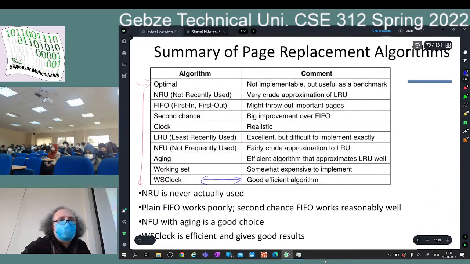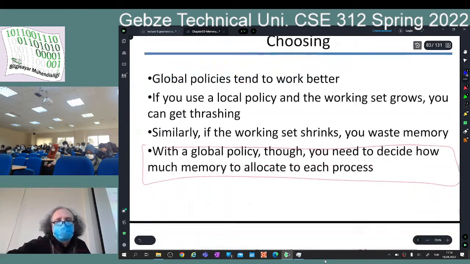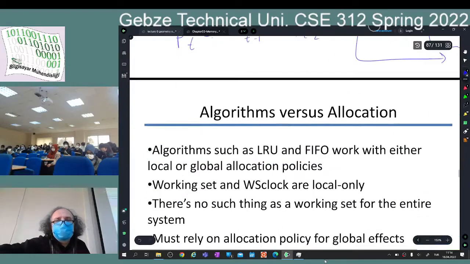Okay, optimal, I am going to skip it. NRU, would it work with global and local algorithms? Equally fine. I'm going to look at this question one by one for each of the algorithms. That's what I'm going to do.